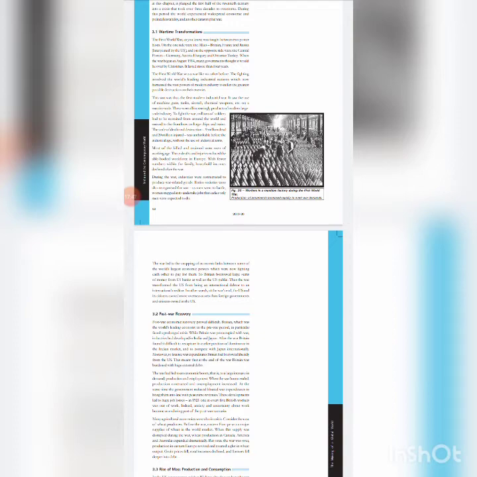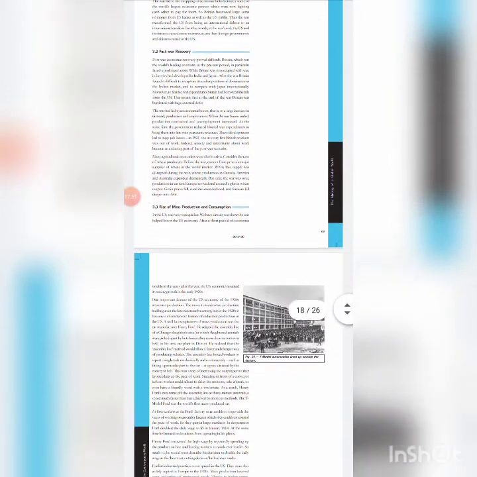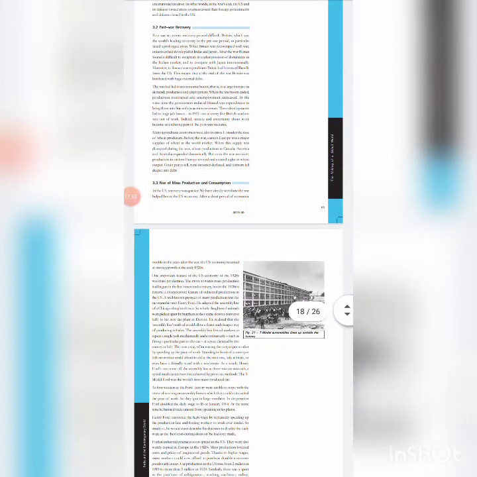Now, post-war recovery. Post-war economic recovery: Britain, the world-leading economy, faced a prolonged crisis. Industries had developed in India and Japan while Britain was preoccupied with the war.